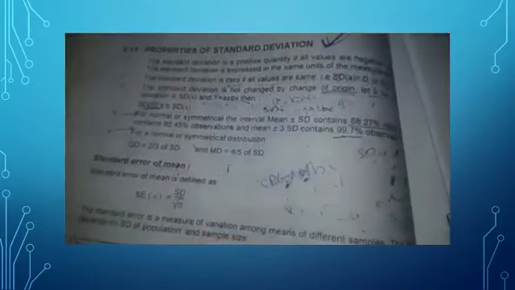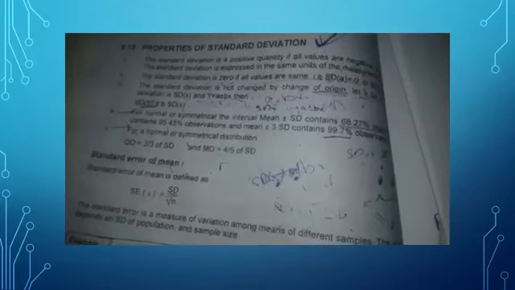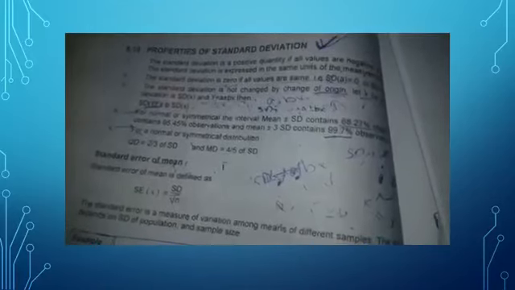Properties of the standard deviation. Standard deviation is positive even if all the values are negative, or standard deviation is 0 if the values are the same or constant, and standard deviation does not change by change in origin. And in a normal or symmetrical distribution, mean plus minus standard deviation contains 68.27 percent of observations.